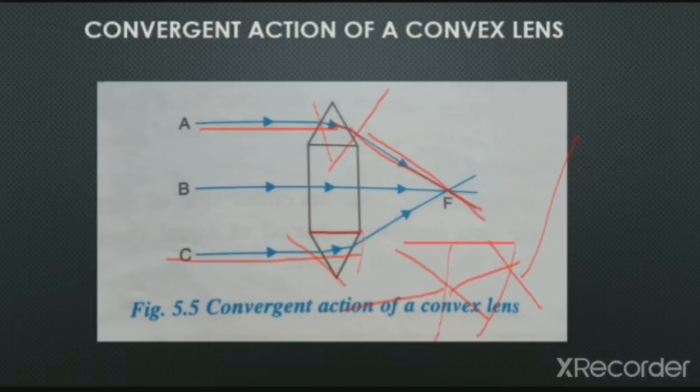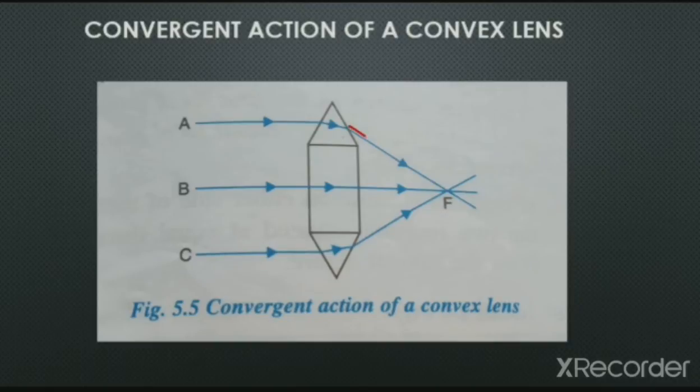So in the upper part and the lower part, prism action is taking place, and in the middle part, refraction through the glass block takes place. Because of that, the rays of light converge and, after refraction, they all meet at a point, and this point F is known as the focus, or the focal point.